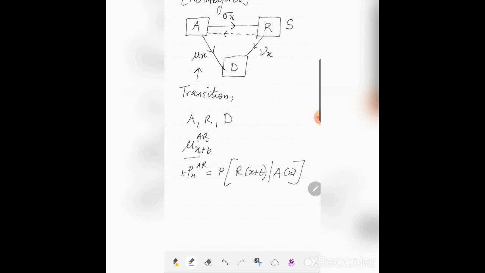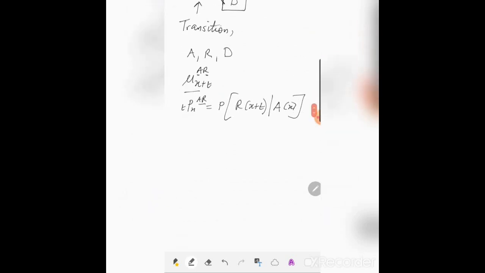And right here, A and R are different states. So the probability that the person is in state R at age x plus t, given that he is an active person at the age of x.